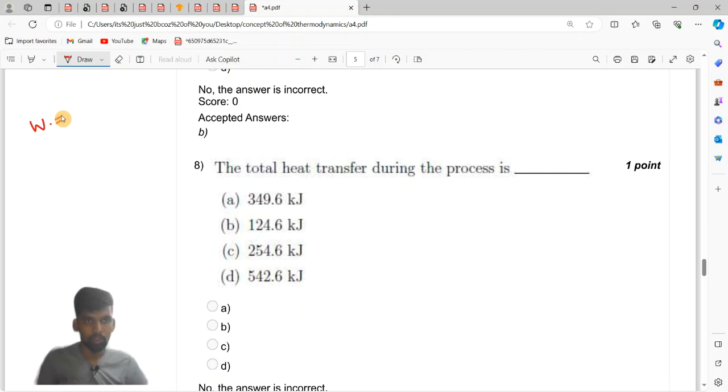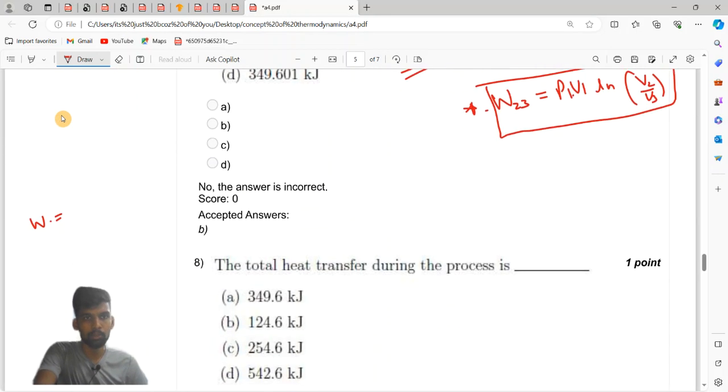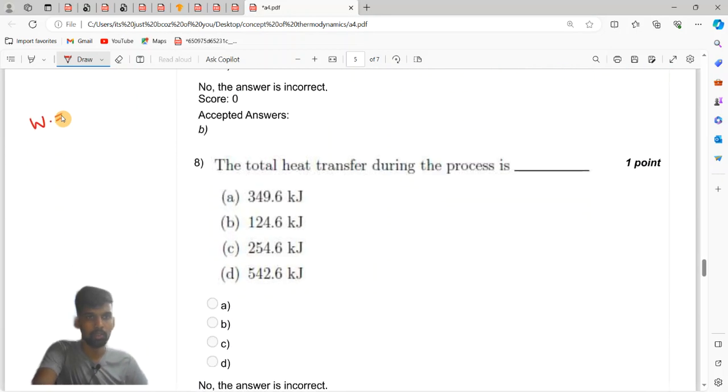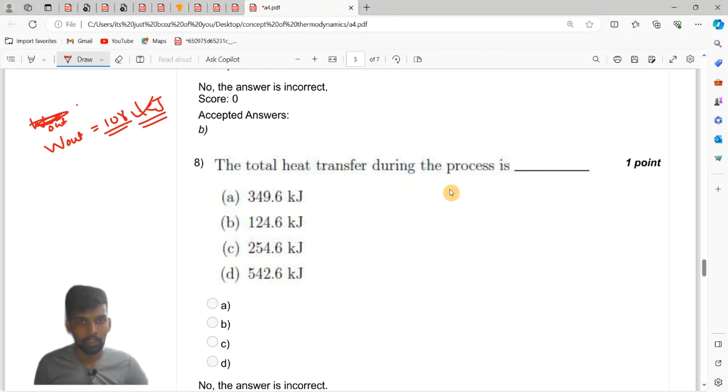So W we got above as 183.106 kilojoule, some value we got above. This is the value that we get, and we need to calculate total heat transfer during the process.